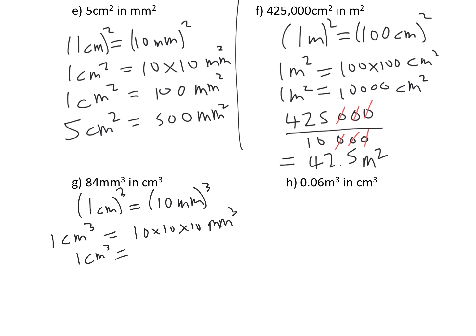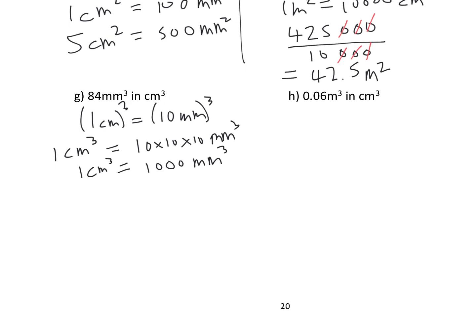So 1 centimetre cubed is 1,000 millimetres cubed. We are going from millimetres cubed to centimetres cubed, so we're going to divide by 1,000. So 84 divided by 1,000 is equal to 0.084 centimetres cubed.